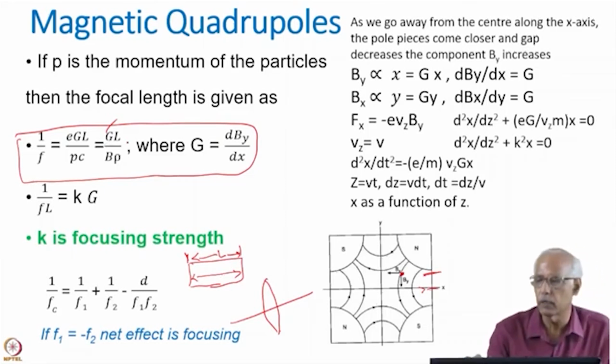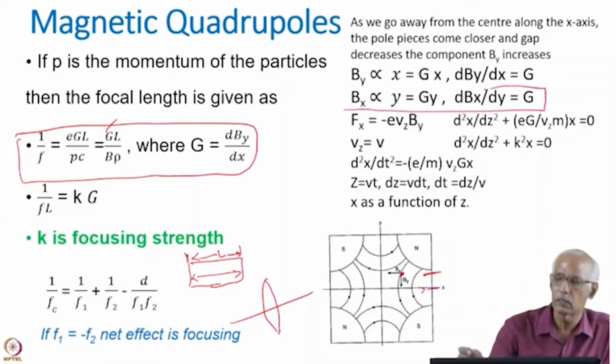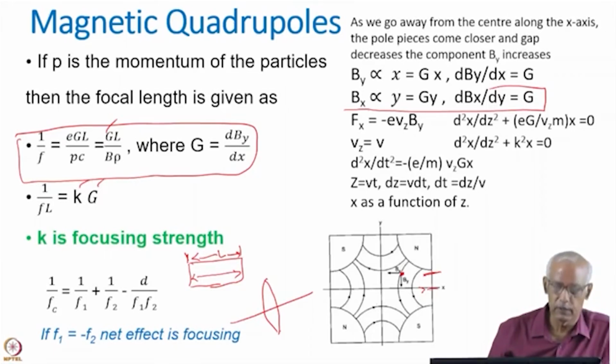You can see that g is coming from here. That's the gradient of the magnetic field. If you put that simply, then you can see here that 1 upon FL is k times this, and both are constants. And here the k is called the focusing strength.